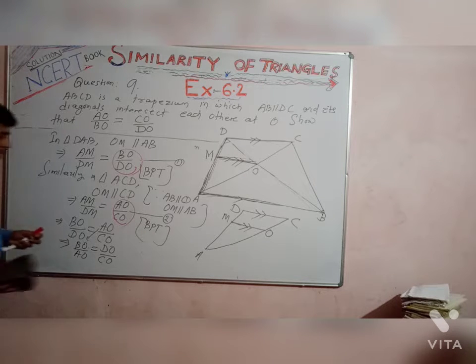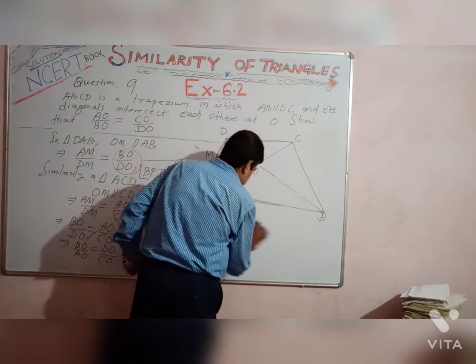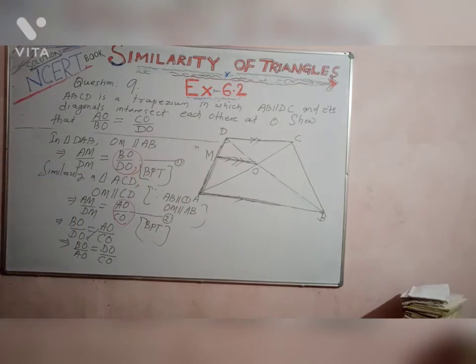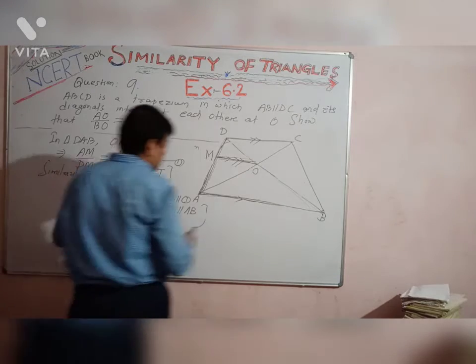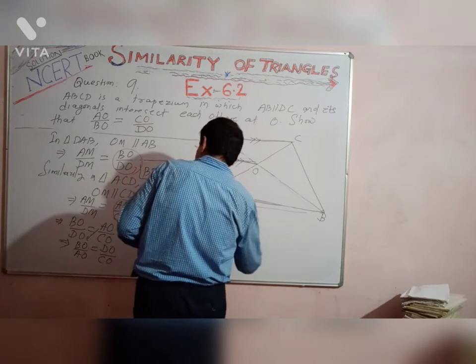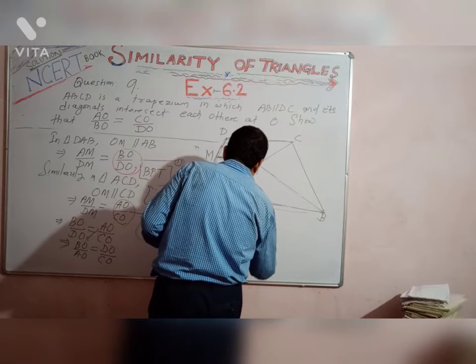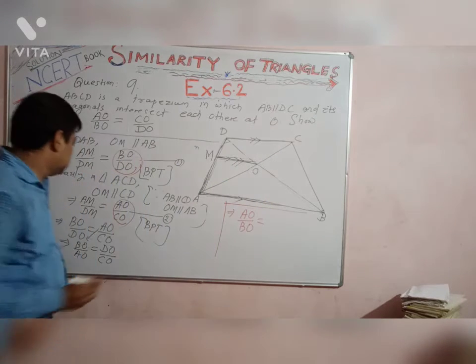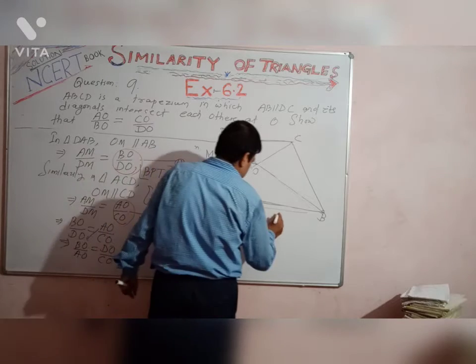Just take the reciprocal of it and you will get that. So BO upon AO must be equal to AO upon BO, and DO upon CO is equal to CO upon DO.